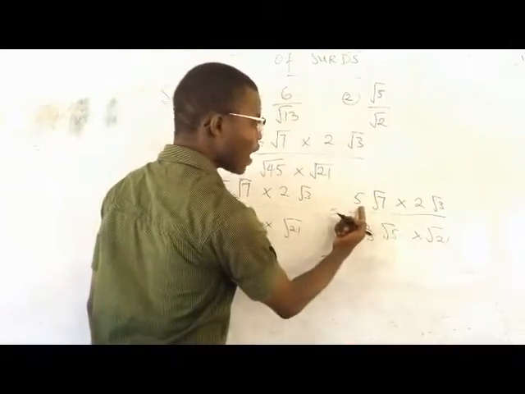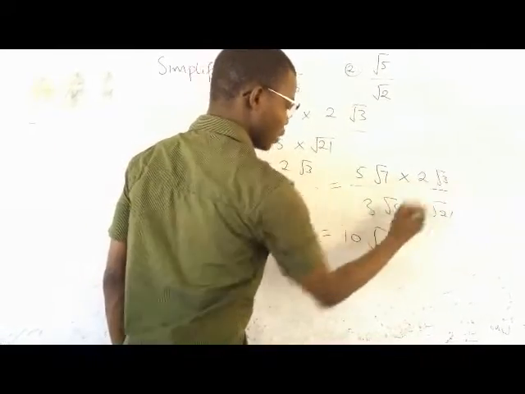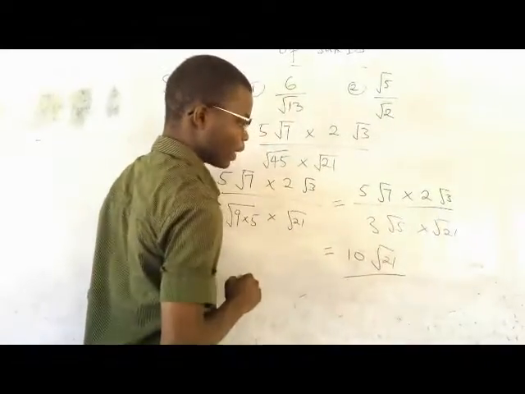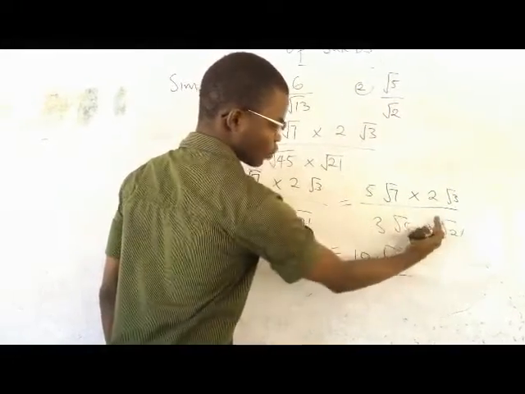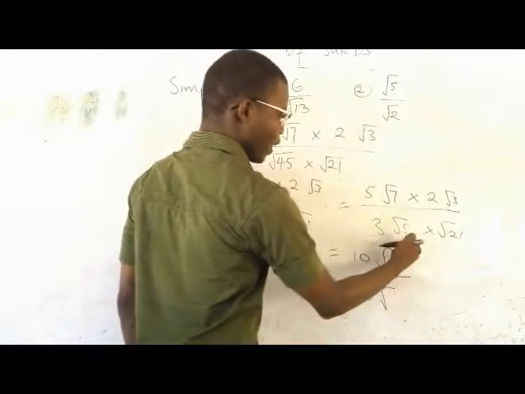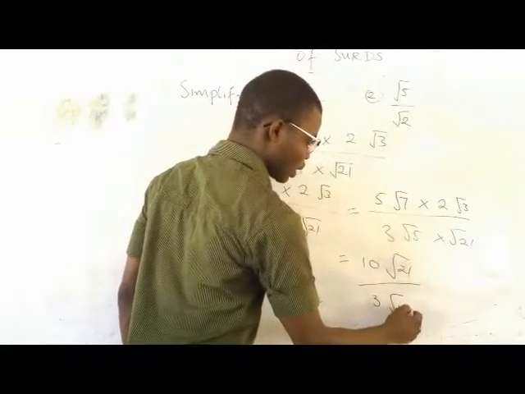Get that? So 5 times 2 is 10. Root 7 times root 3 is root 21, over, now here I have 3 times 1. That's 3 root 5 times 21, which is root 105.